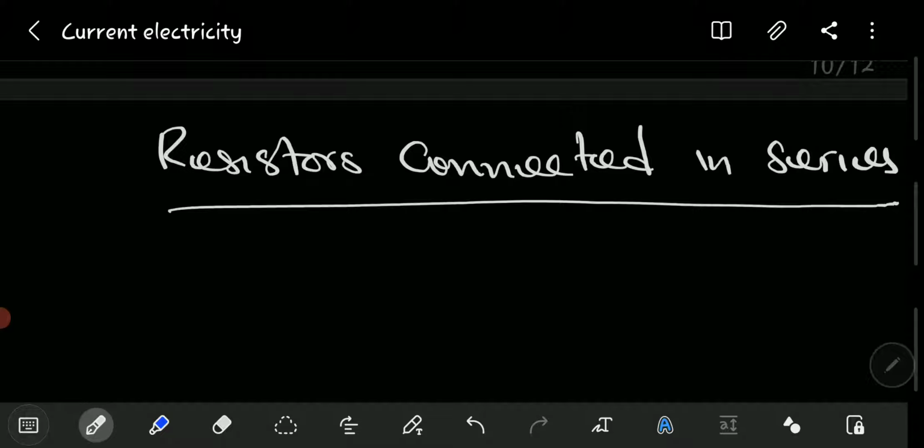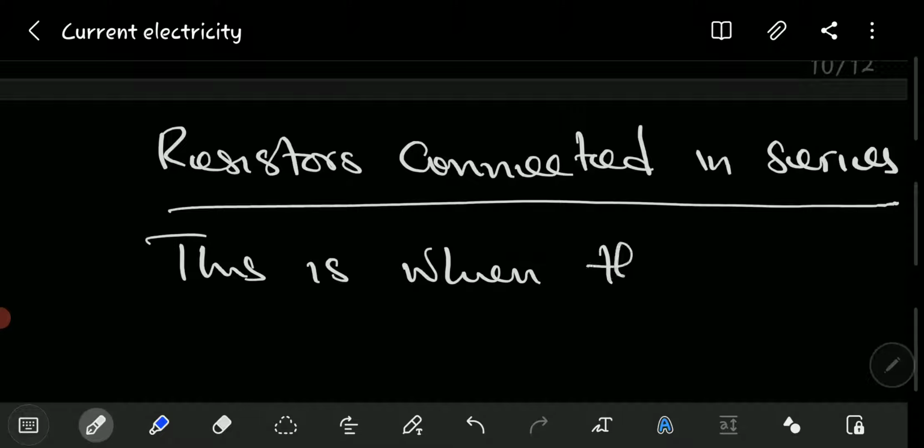In an ammeter, we said that when the 2 terminals of the ammeter are connected to 2 different circuit components, then the ammeter is connected in series. So also, when a resistor is connected in series, it means the 2 terminals of a resistor are connected to 2 different circuit components.